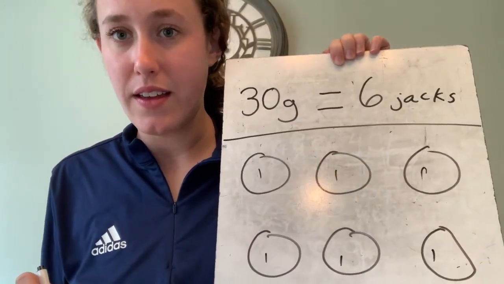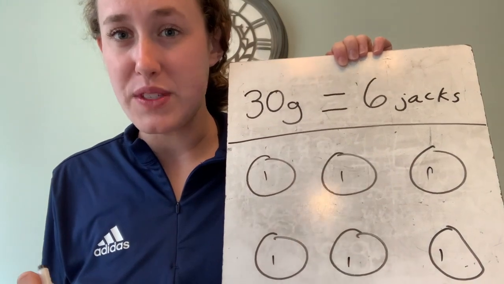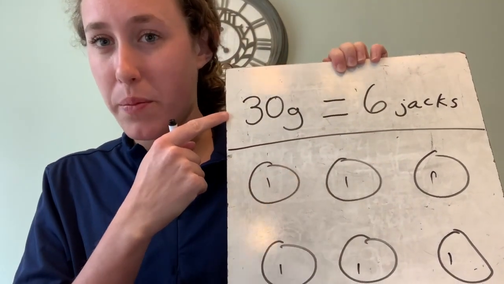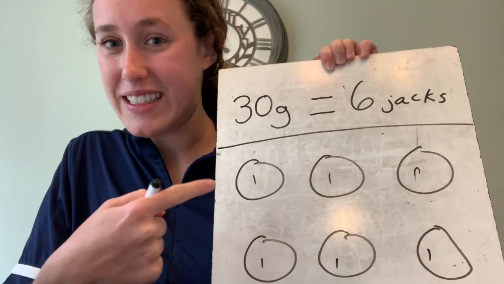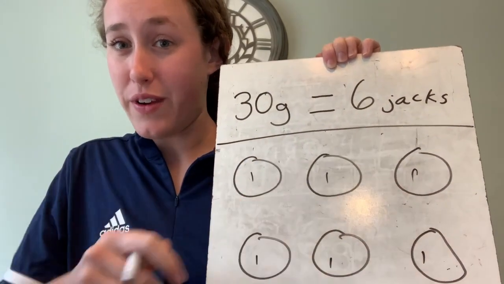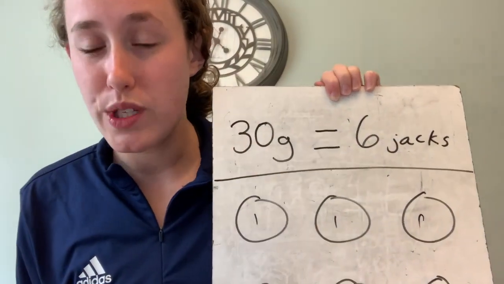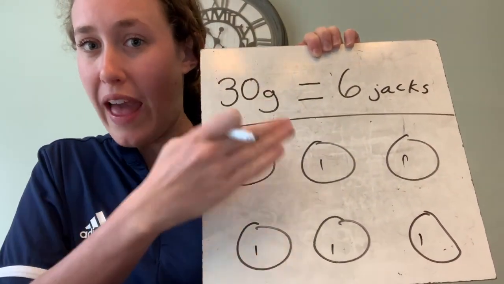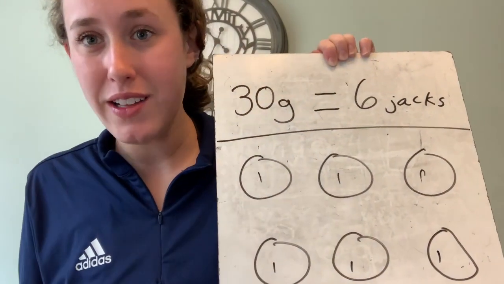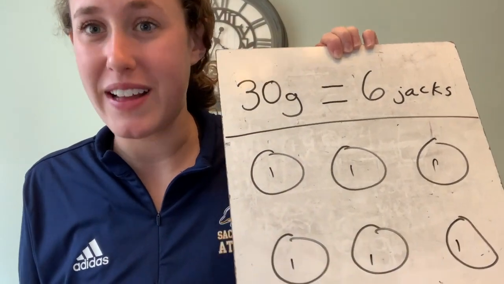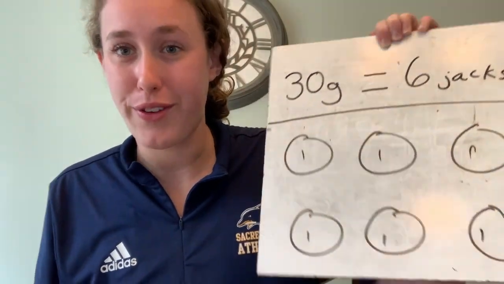Wait, I am dividing this total number of grams into 6 equal groups. Friends, I'm dividing 30 grams into 6 equal groups. Do I need to go and draw out all of these circles and dots? No, I can write a division equation to help me solve.